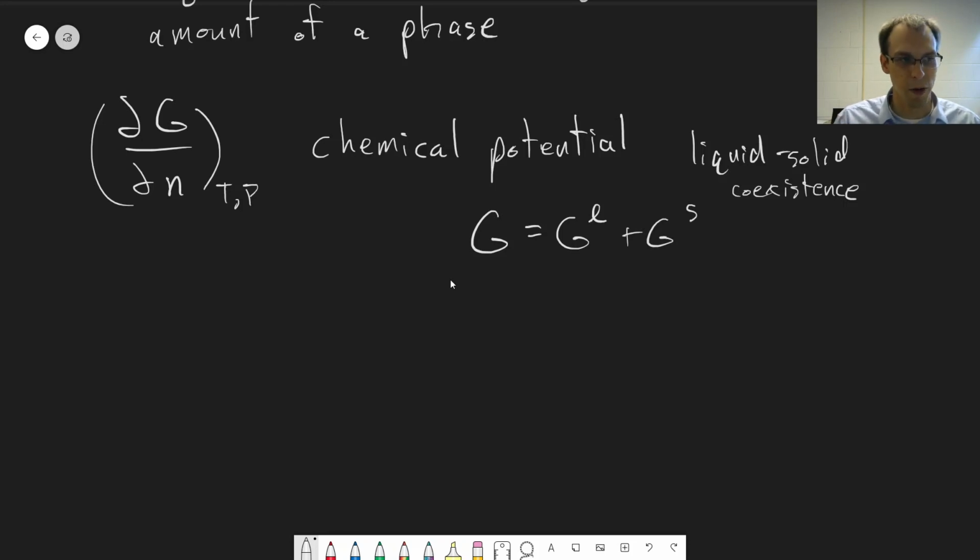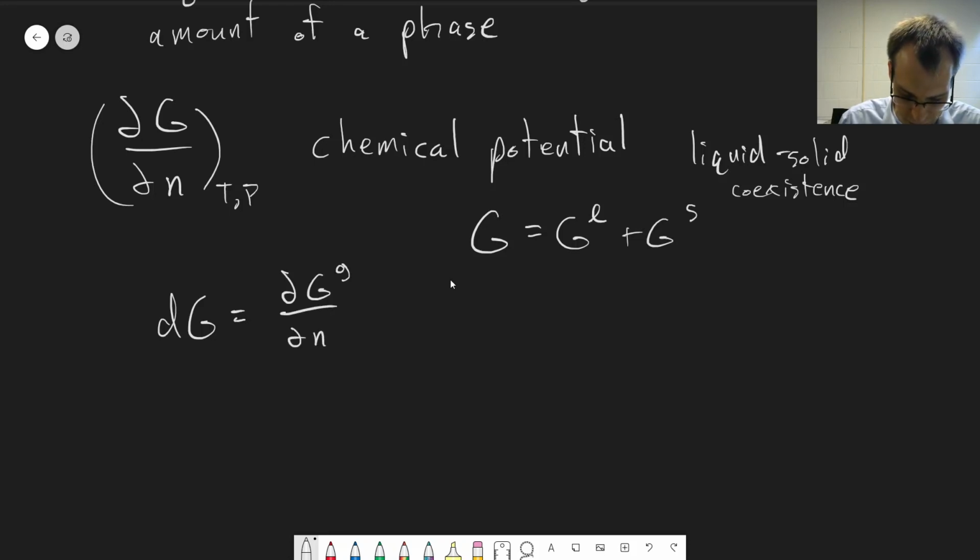We have a transition from solid to liquid or liquid to solid. And so we could write this as: if we fix temperature and pressure to be constant at a particular given temperature and pressure, the change in G of the liquid will depend on if we change the amount of liquid that we have, keeping temperature and pressure and the number of moles of solid constant.